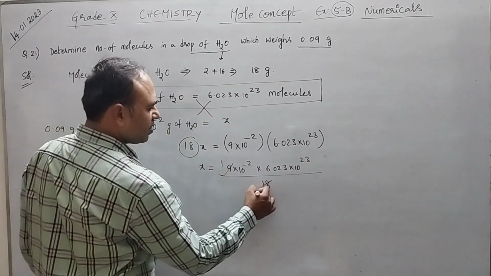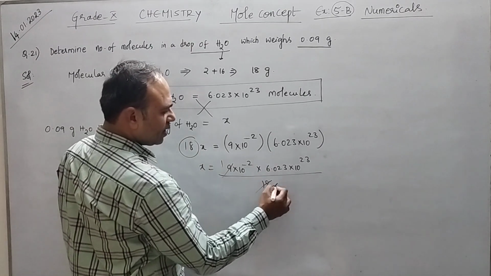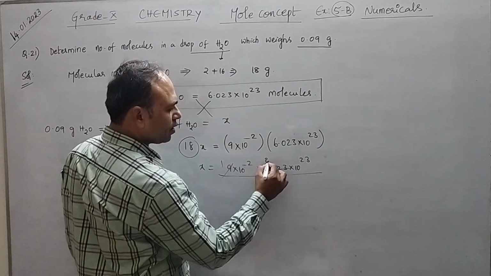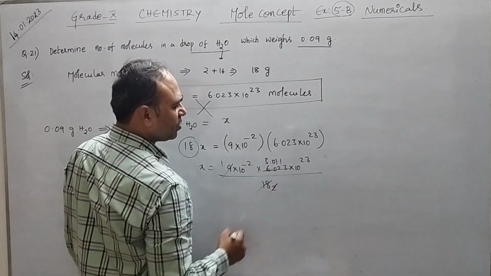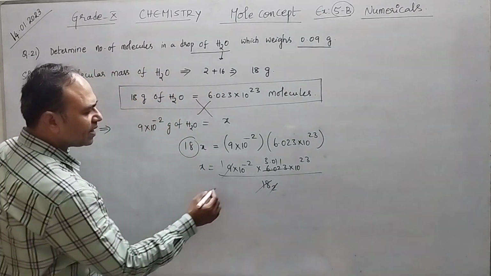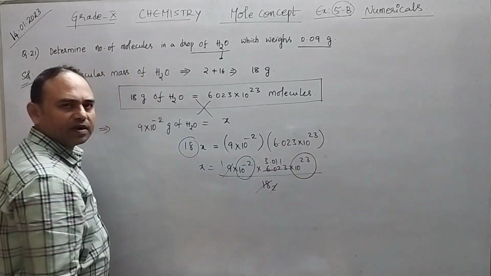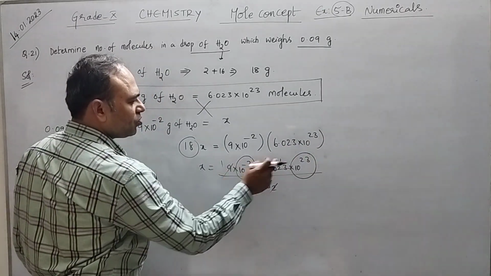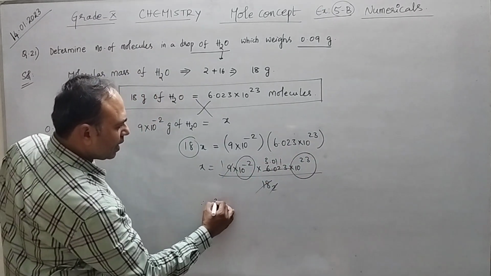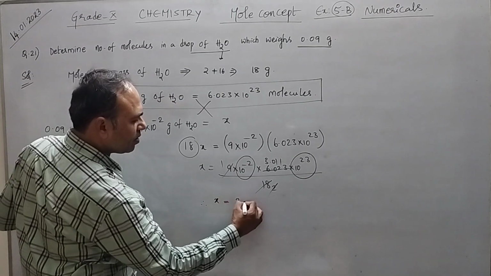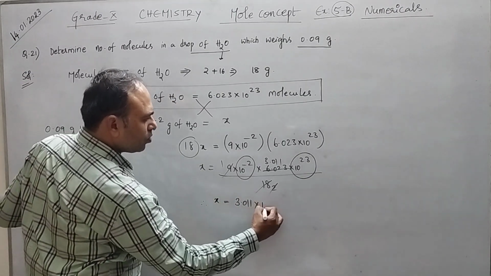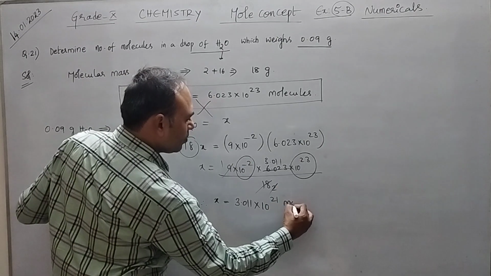So 9 ones are 9 and 9 twos are 18, so with the 2 we can cancel this. 2, 3, 6, 0, 1 and 1. So 3.011 we will get. This is 10 to the power of minus 2. This is 10 to the power of plus 23. So 23 minus 2 will be 21. So we get x is equal to 3.011 into 10 to the power of 21 molecules.